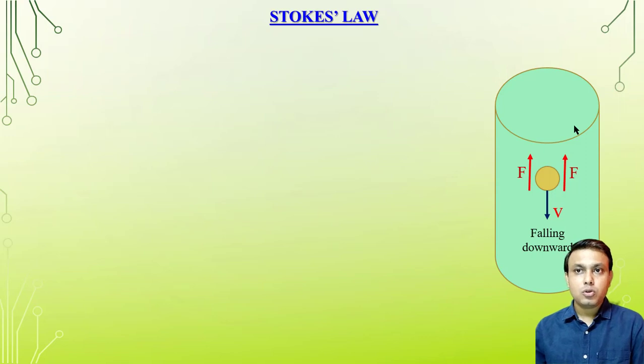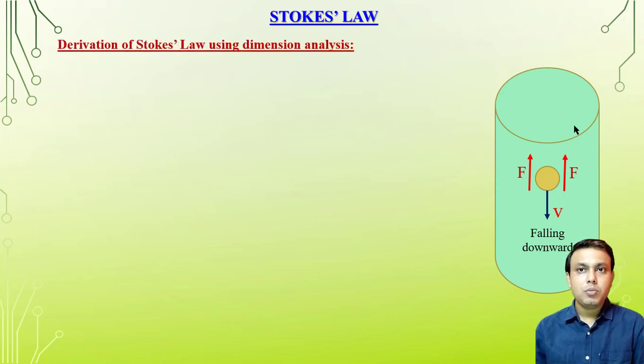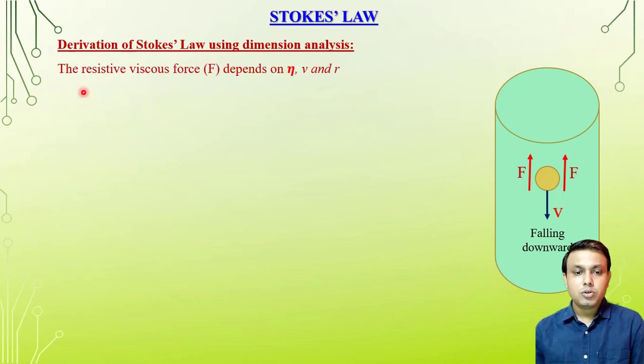Now, Stokes law can be derived using the principle of homogeneity of dimension analysis. At first, we consider that the resistive force F depends on eta, v, and r. That means on the coefficient of viscosity of the liquid, the velocity of the sphere, and the radius of the sphere.